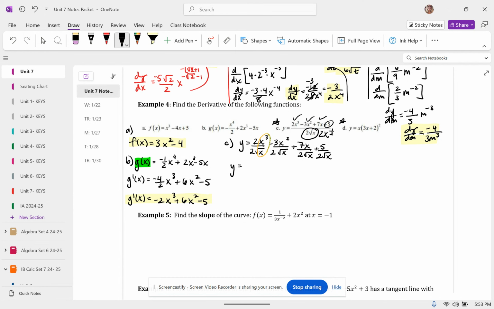So I would be starting with, note my notation, I'm still y equals, I haven't taken the derivative of anything yet. The 2's would cancel and I would get x to the 3 minus 1/2, so that would be 6 over 2 minus 1/2, which would be 5 over 2. Minus, and then here I would get 3 over 2 out front, and then the x's would combine, I would get 2 minus 1/2, which would end up being 1 1/2, which is 3/2.